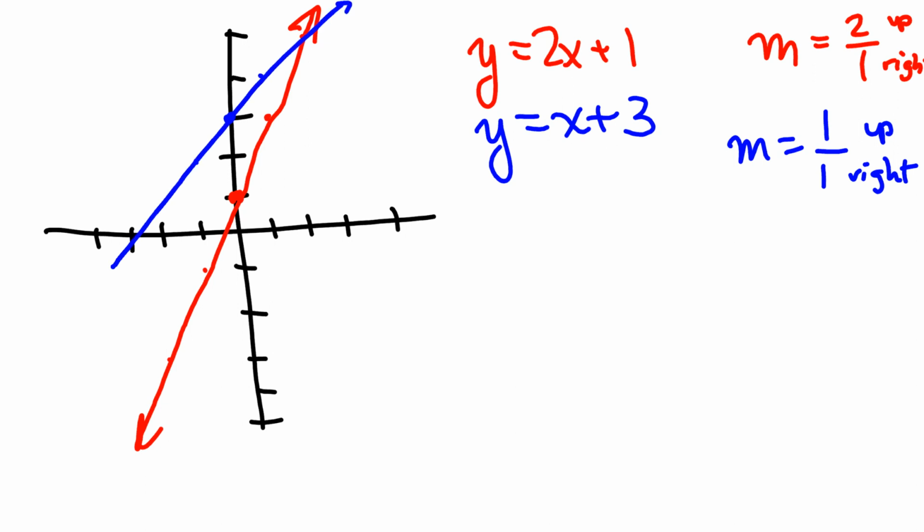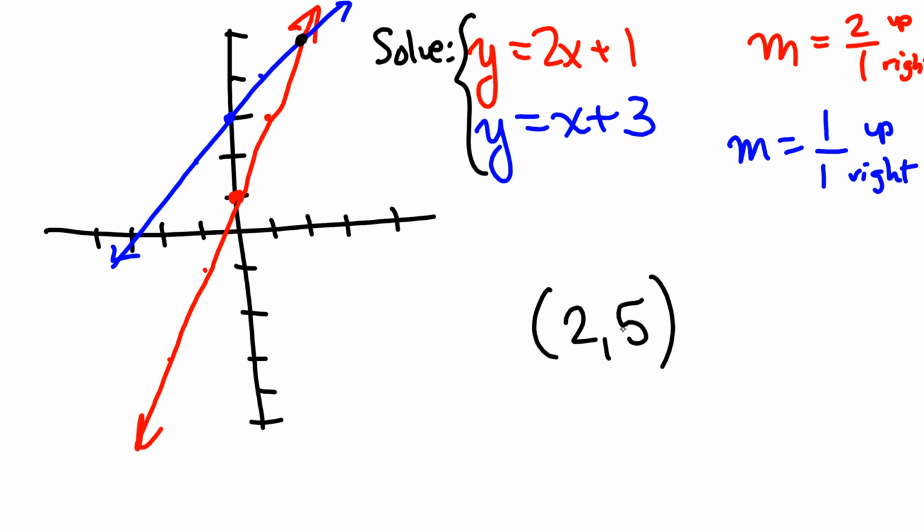This is the blue line. So when we solve this system, the solution to the system is the point where those two lines come together, which appears to be this point right here, which appears to have an x-coordinate of 2 and a y-coordinate of 5.